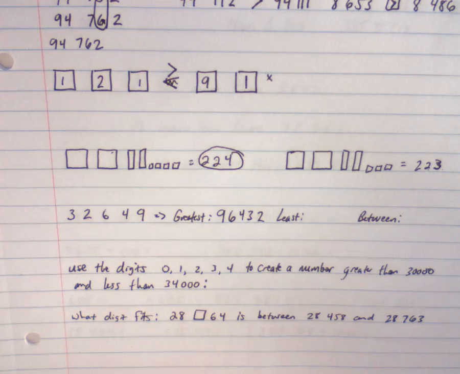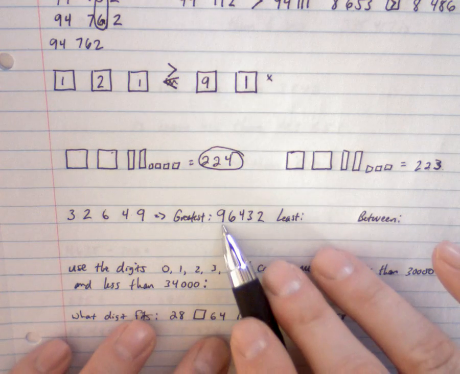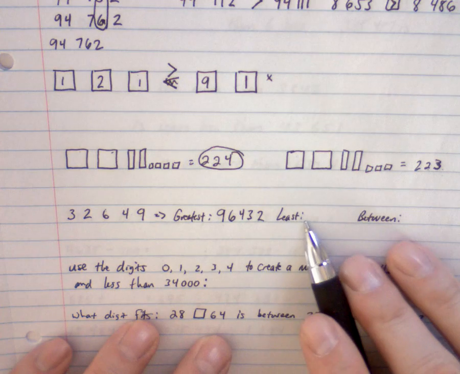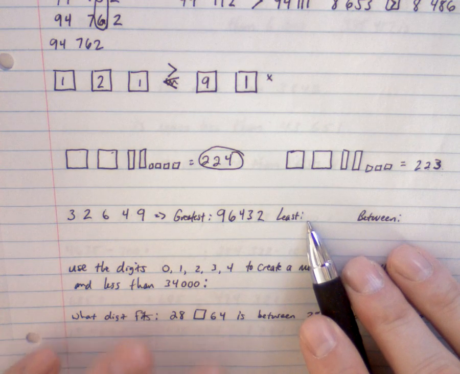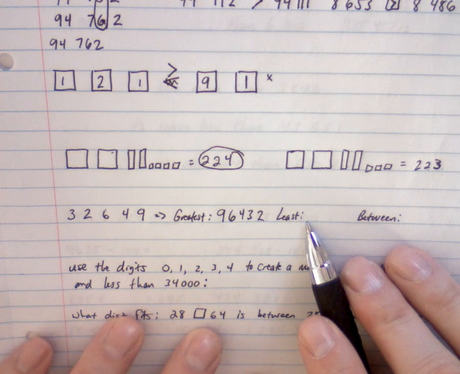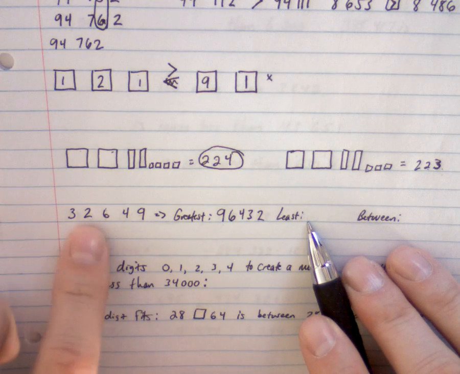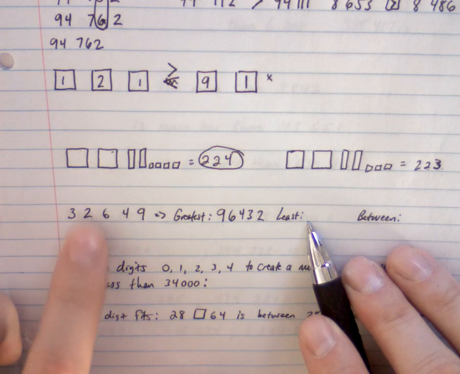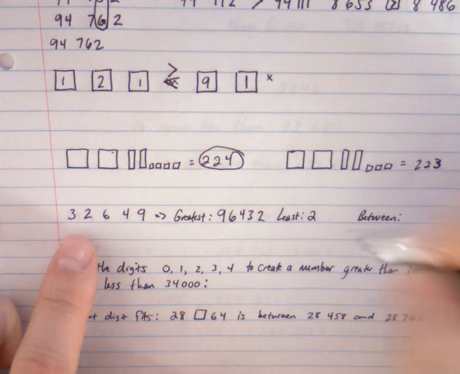What is the least number we can make? Well, if we wanted to start with the biggest number, what do you think we want to start with if we're looking for the smallest, the least number? We're going to want to start with the smallest number in these 5 digits. What is the smallest number in these 5 digits? It is the 2. So let's start with the 2.